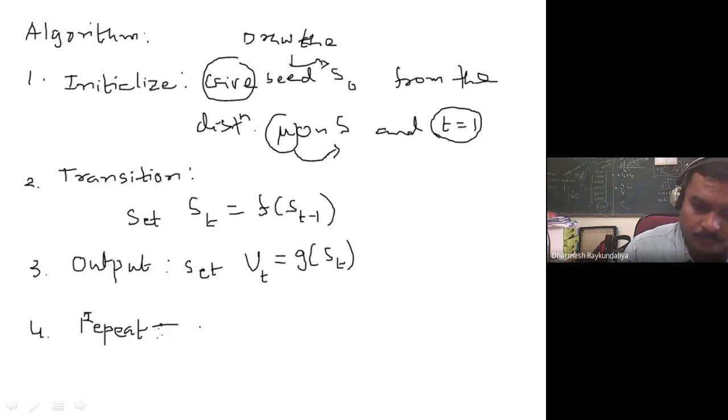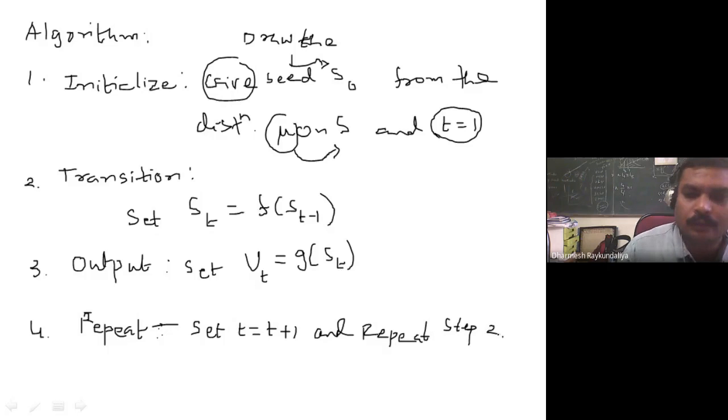Set t equal to t plus 1, so you make a 1 increment in t and repeat step 2. When you take t equal to 1, you get f of S0, so you have initialized S0. Now you will get S1. After supplying S1, you will get U1. That means you have generated the first random number.